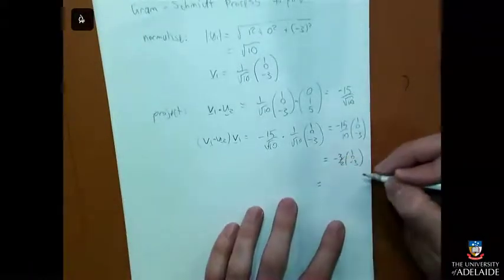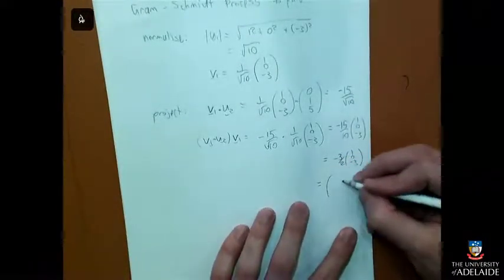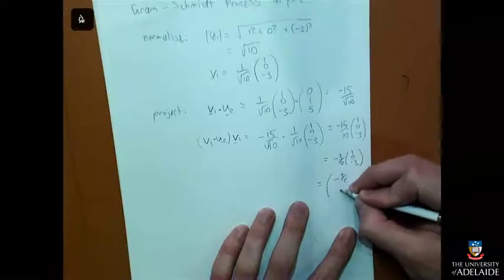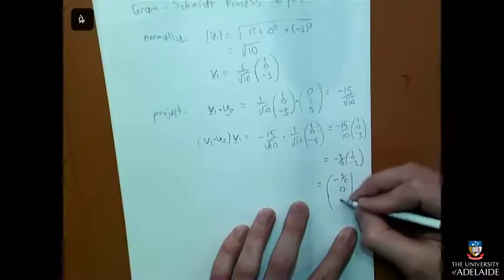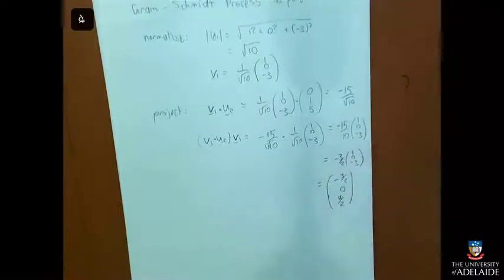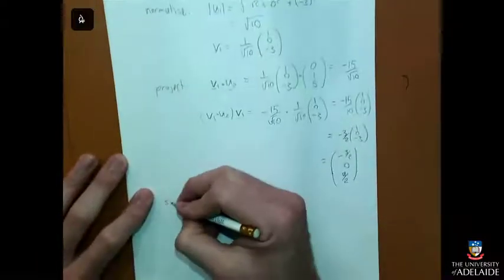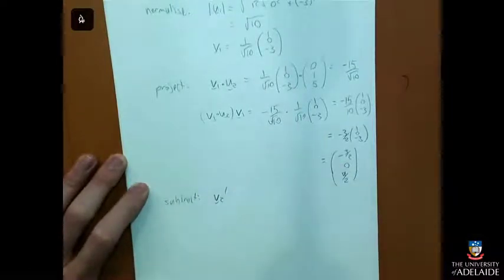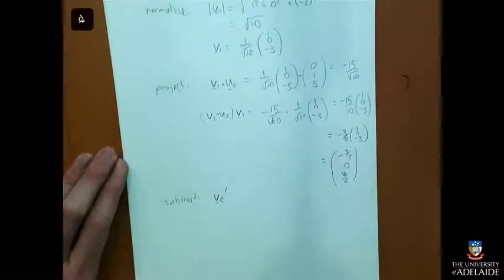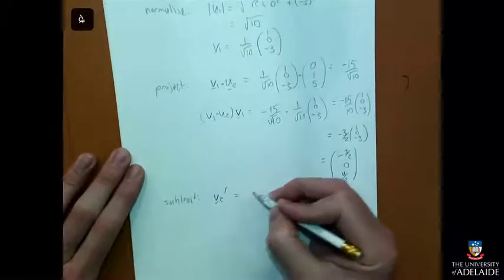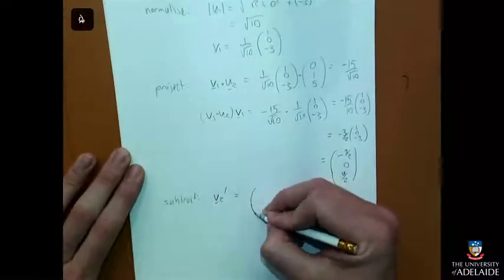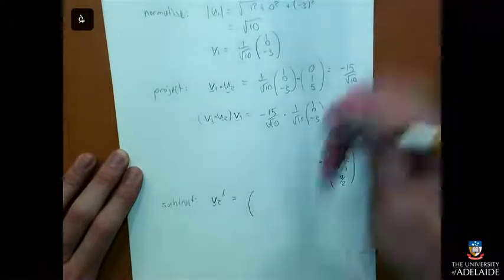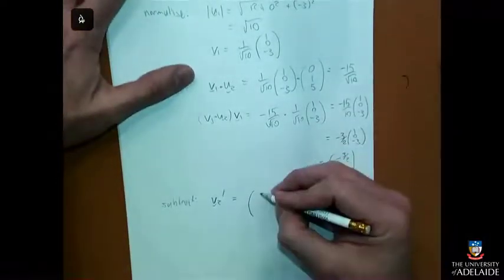Actually, I'm going to need to know what the actual coordinates of that vector are. 9 on 2. Okay, so I've done the project. Now subtract. So my nearly V2, V2 dash, is my old U2 minus the projection.